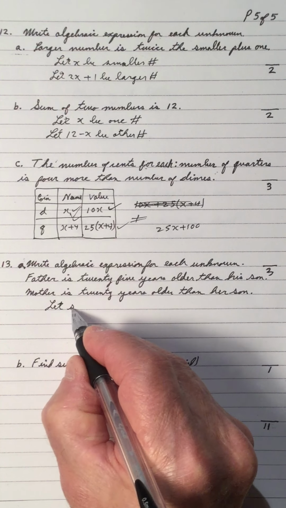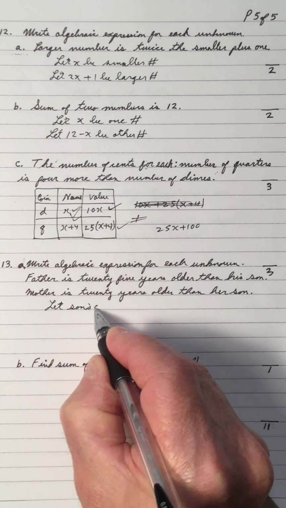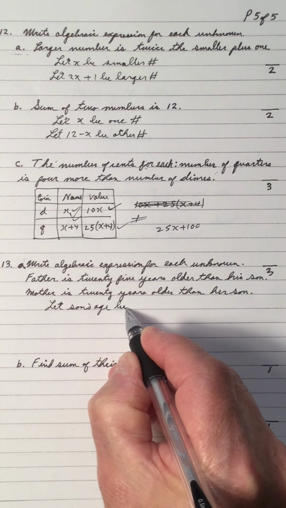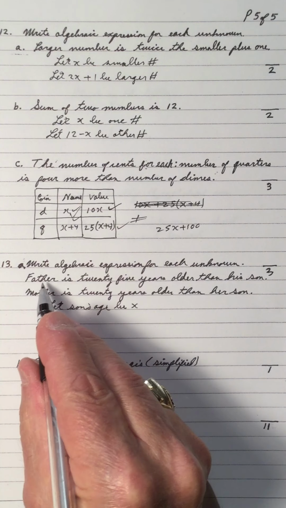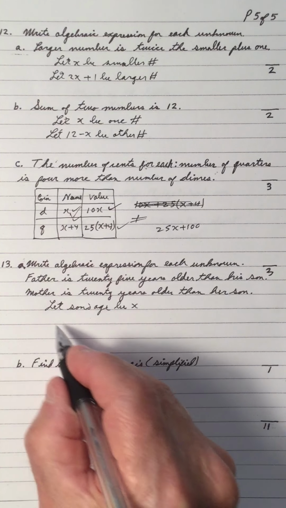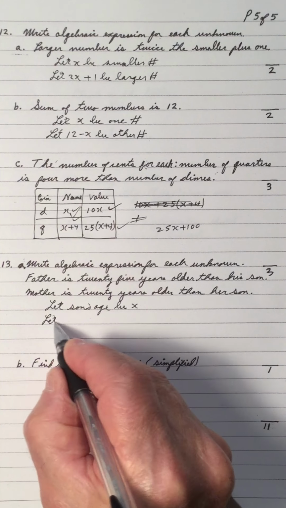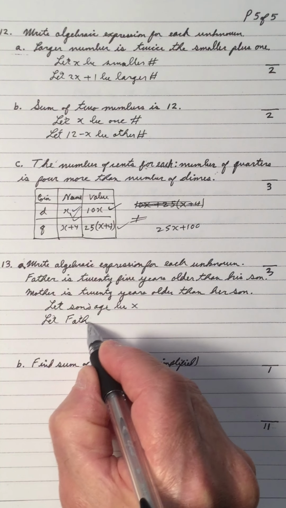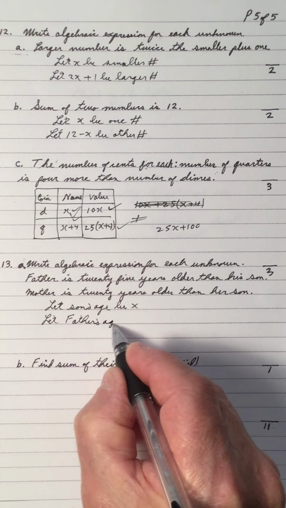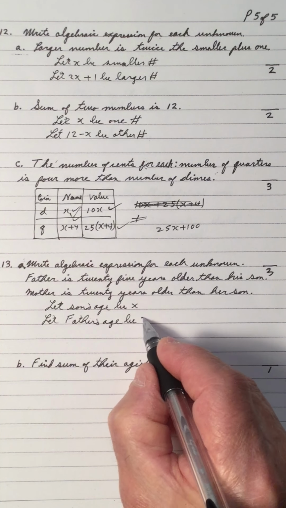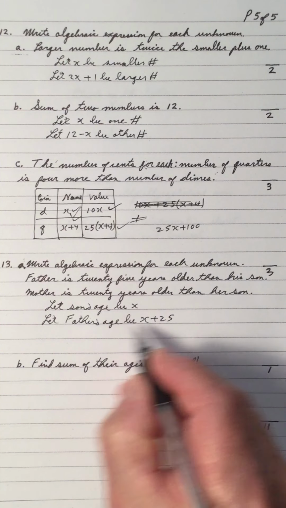So I let the son's age be X. The father is 25 years older, so I let the father's age be X plus 25.